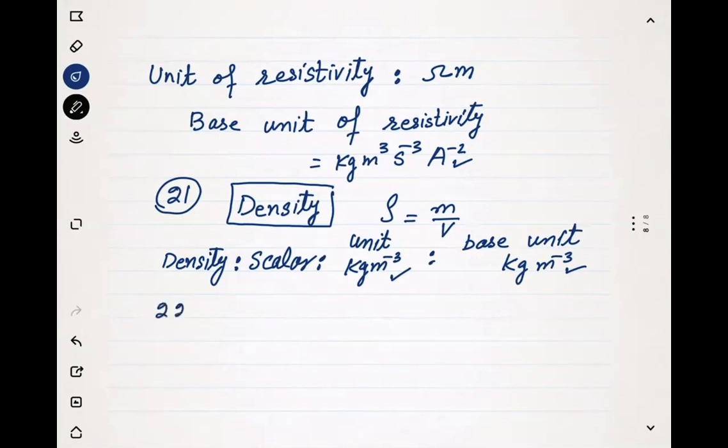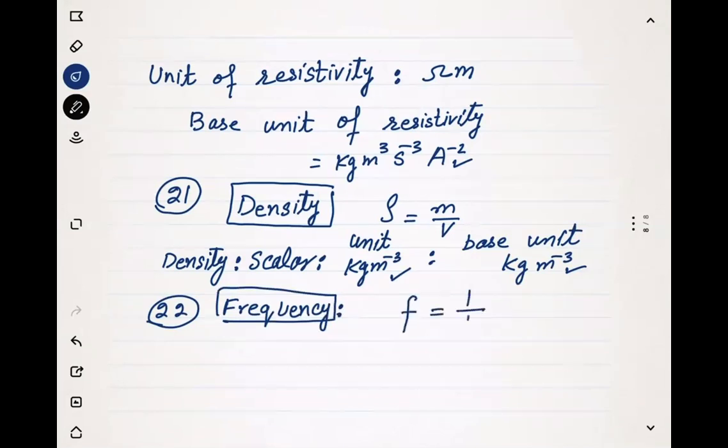Quantity number 22 is frequency. Frequency is 1 over time period. So its unit will become second inverse.